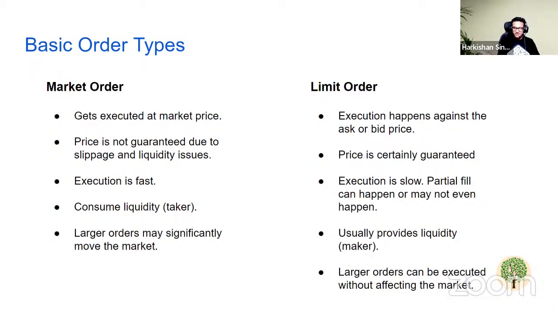It might not get executed properly, you might get partial fills and the rest may never get executed, but the price is certainly guaranteed. If you enter at $100, the average price will be $100. It's not that you get filled at $100 and get an average price of $110. That will happen on market orders, but not on limit orders.